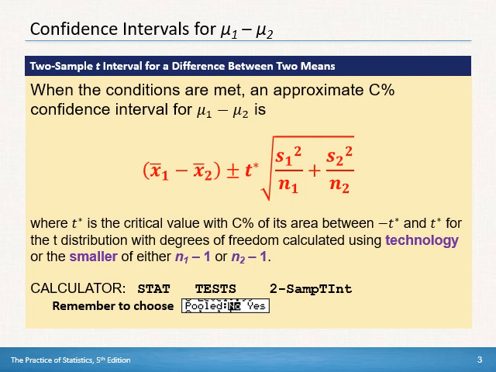Your calculator is smart enough to know when it's supposed to run a pooled test, and that pooled test is really only when we have a difference in proportions, like we saw in section 10.1. In section 10.2, when we do means, we do not pool the data. If you remember when we were doing pooled data in 10.1, the calculator does not ask you if you want to pool it.